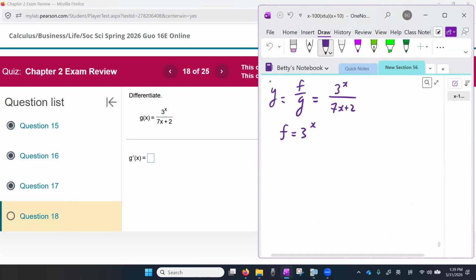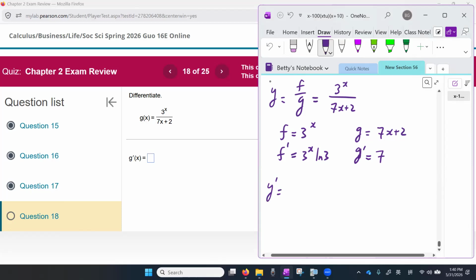F is the numerator, G is the denominator. F prime is 3 to the power x ln 3. You know this formula, right? And G prime is 7, the slope of the linear function.